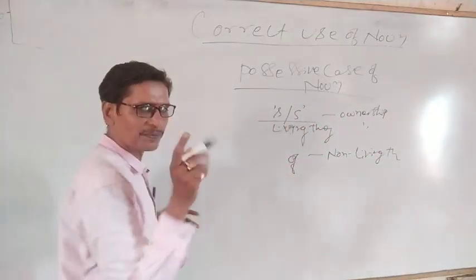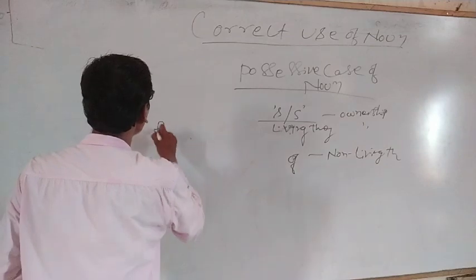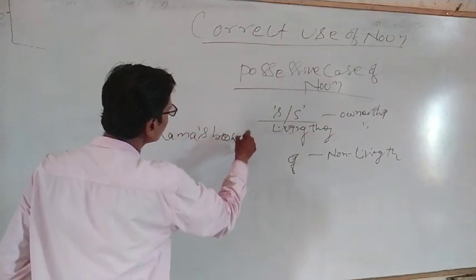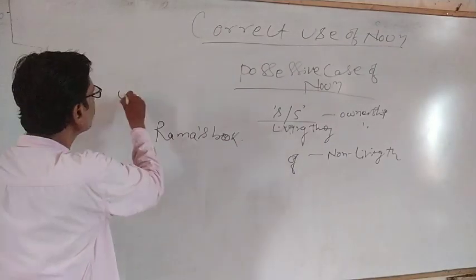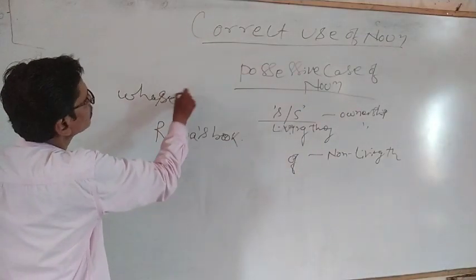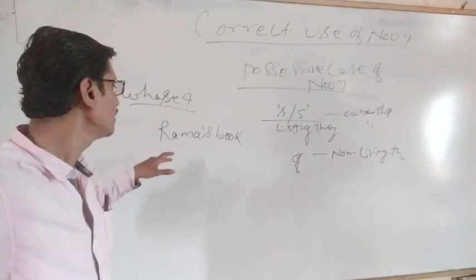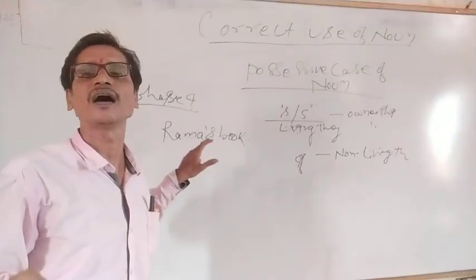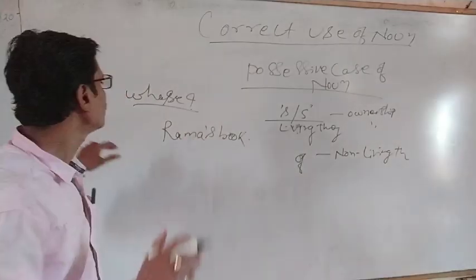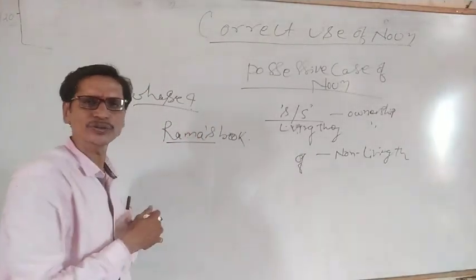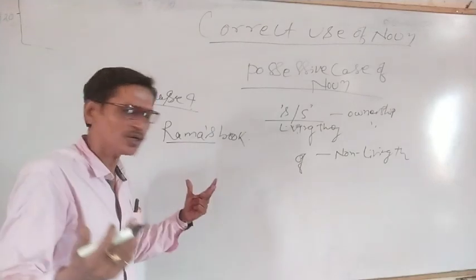Ram's book, an example I gave you last class. Here the question comes, whose? It talks about the ownership of the noun. This is a living being, therefore we have used apostrophe s.